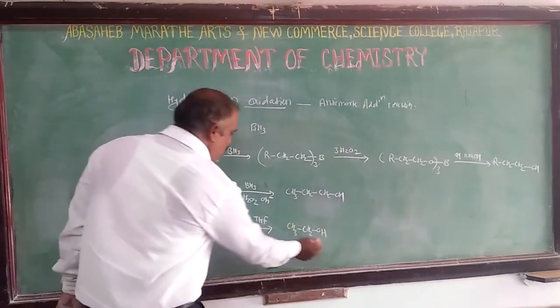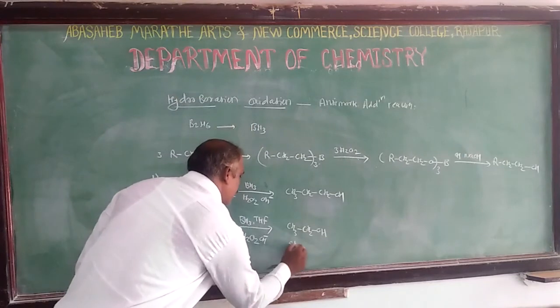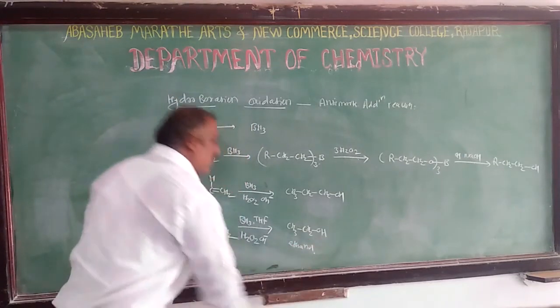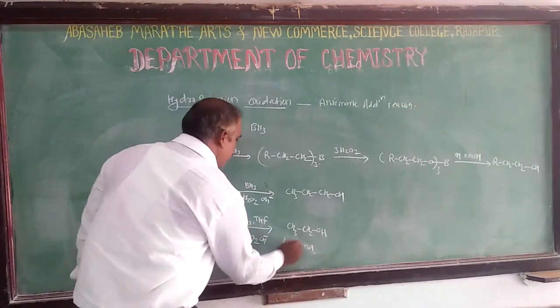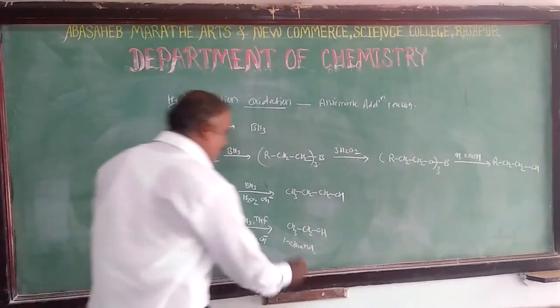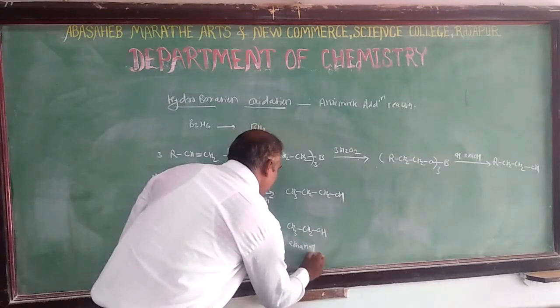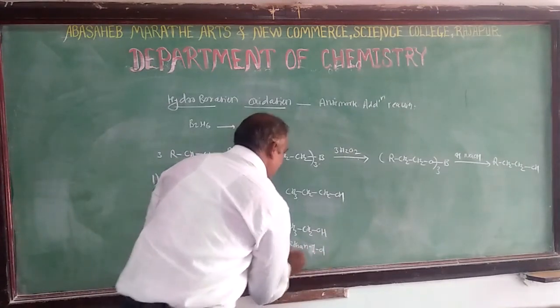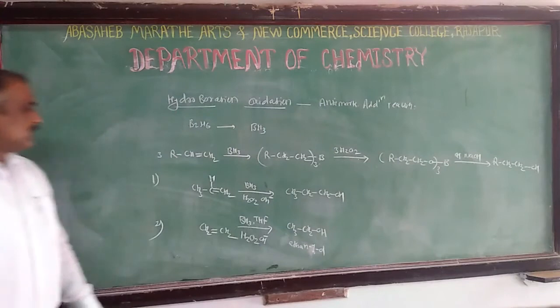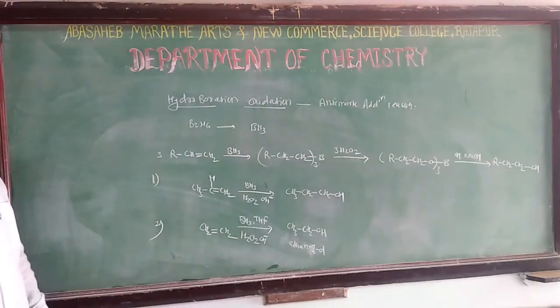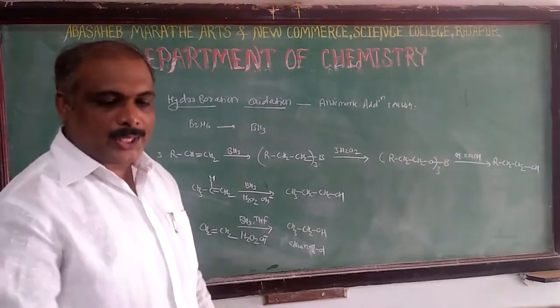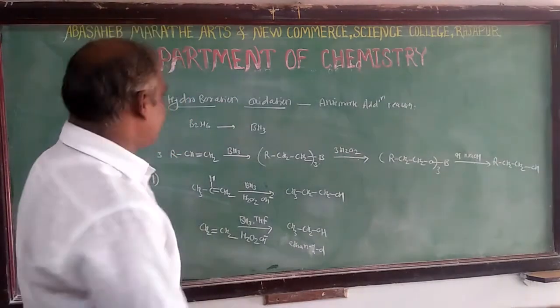And the product is ethanol, or another type of name is given, ethan-1-ol, ethanol. So these are some examples of hydroboration oxidation reactions.